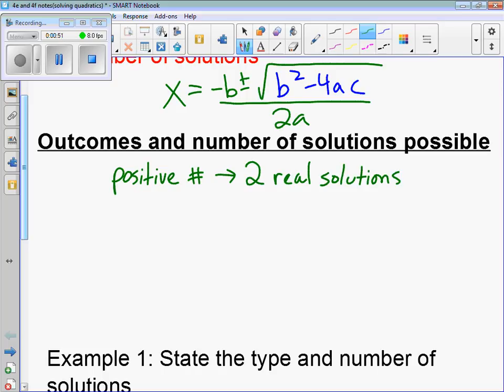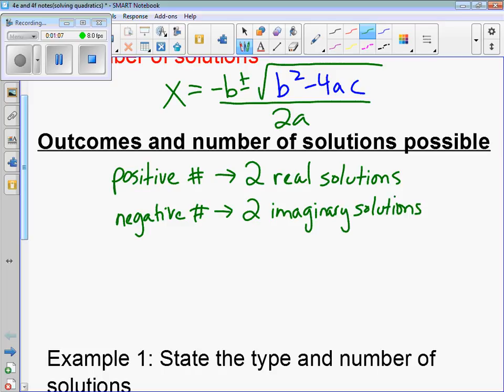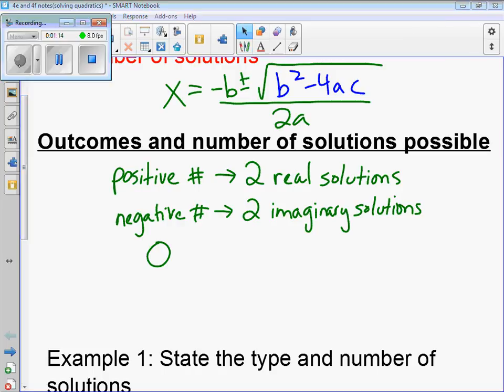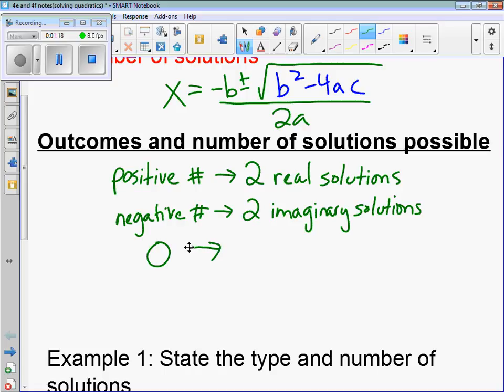If b squared minus 4ac is a negative number, this is going to lead you to 2 imaginary solutions. And if it comes out to be 0, then it comes out to 1 real solution.